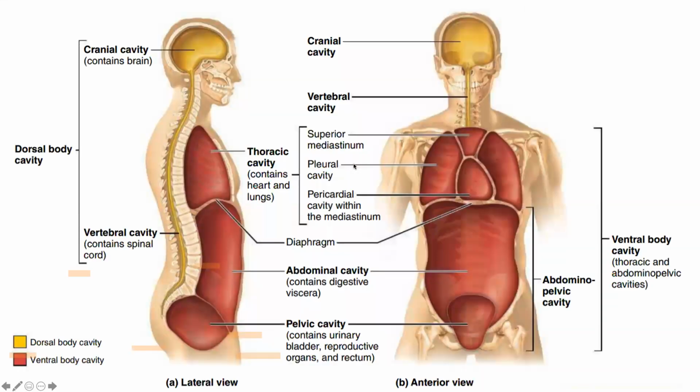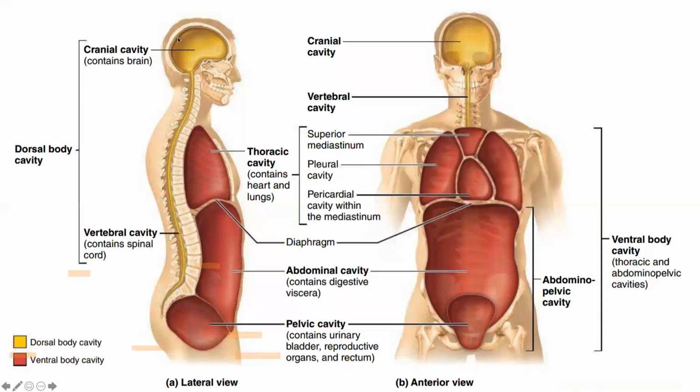And now we go back to our very first lecture, which is showing the body cavities. As you remember, we have the dorsal body cavity and ventral body cavity. The dorsal body cavity includes the cranial cavity and spinal vertebral cavity.